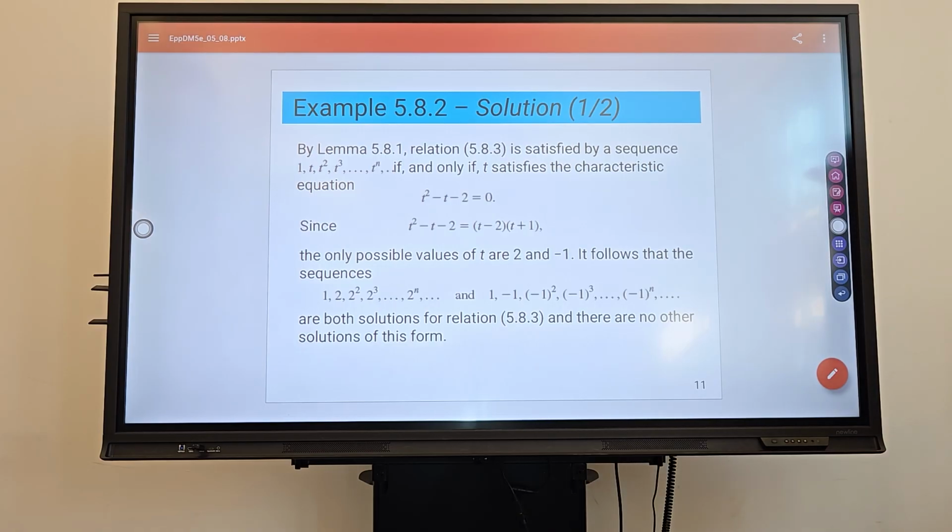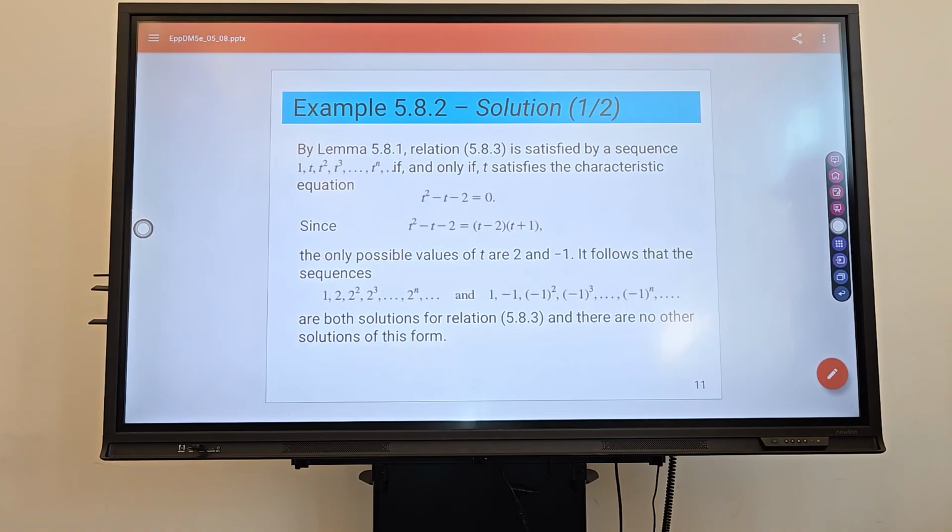By Lemma 581, the relation is satisfied by a sequence given here if and only if t satisfies the characteristic equation t squared minus t minus 2 equals 0. Since that equals (t minus 2)(t plus 1), the only possible values of t are 2 and minus 1.